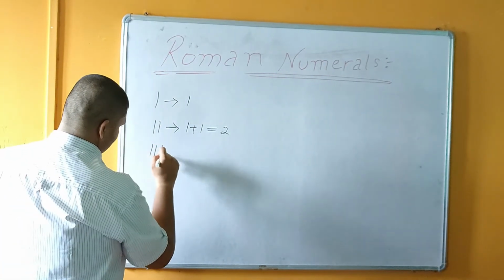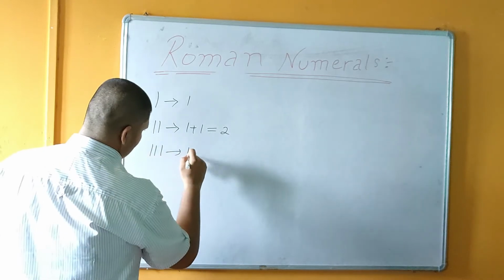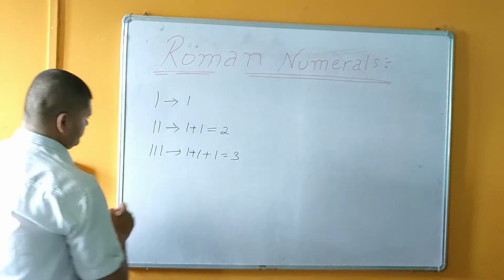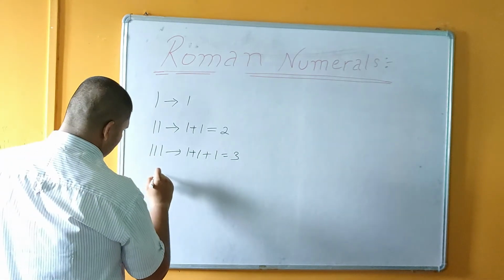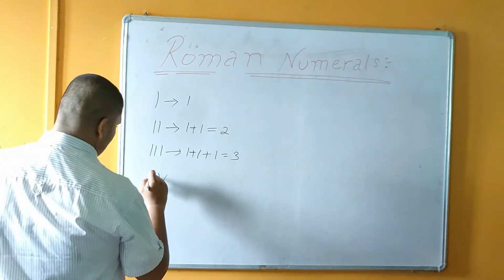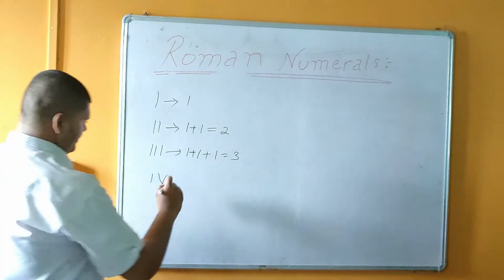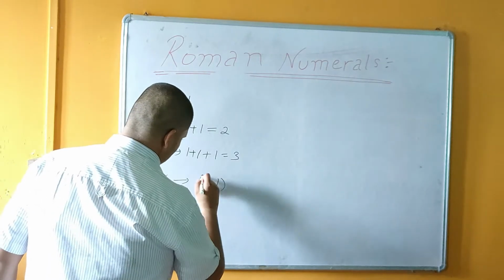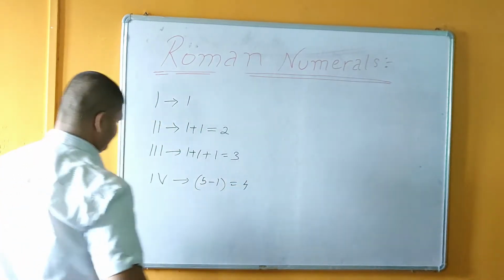This is I. Can you repeat it thrice? So it will be 1 plus 1 plus 1. It is 3. Now you want to write 4. To write 4 you have to subtract I. So we get 5 minus 1. It is nothing but 4.